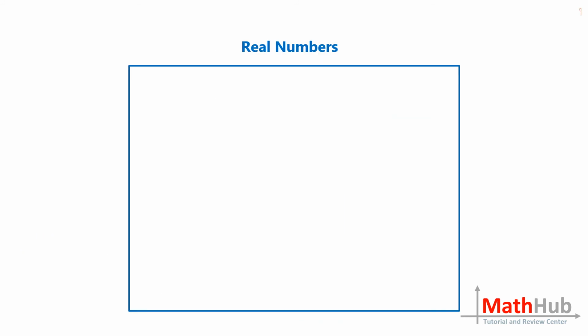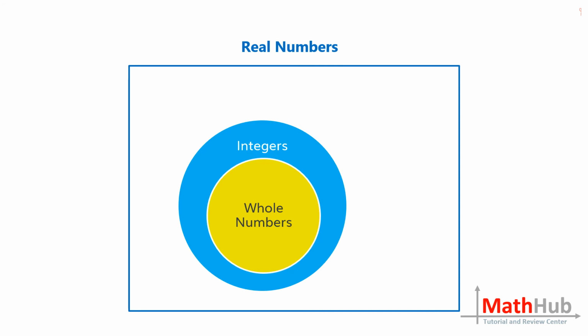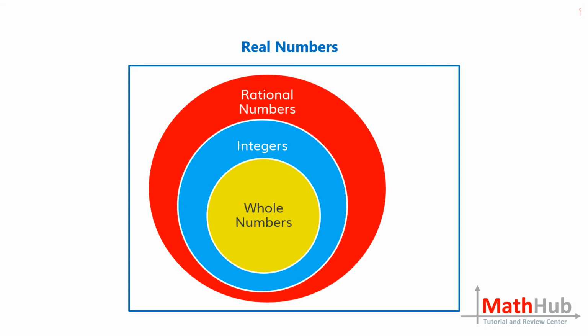Okay. So what I have here is a Venn diagram of real numbers. Of course, inside, first we have our set of whole numbers. Then the set of whole numbers is a subset of the set of integers, meaning to say, all whole numbers are integers. And then, of course, all integers are rational numbers. Why is that? For example, if you have -2, that is an integer.